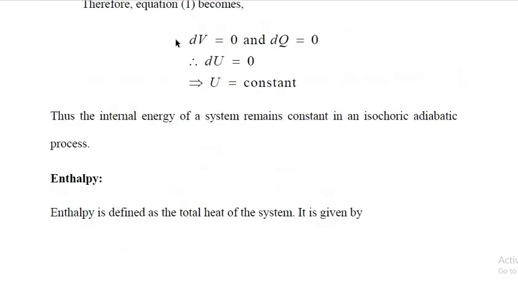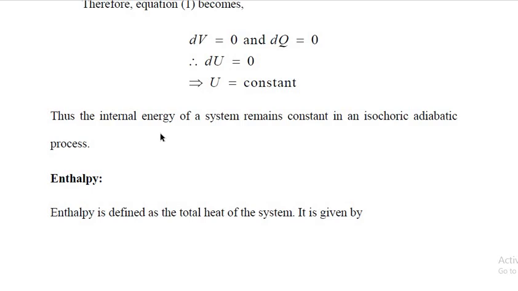So dV is equal to 0 and dQ is equal to 0. Therefore dU is equal to 0. This implies U is a constant. Thus the internal energy of a system remains constant in an isochoric adiabatic process.